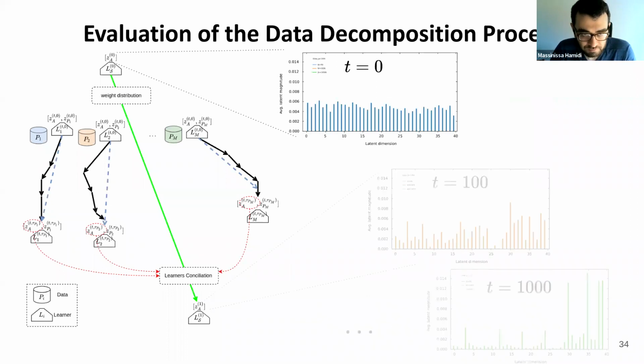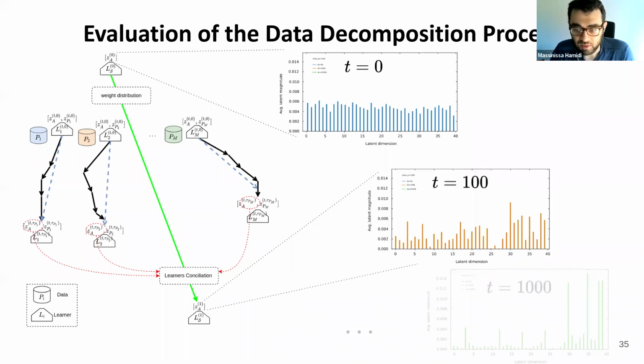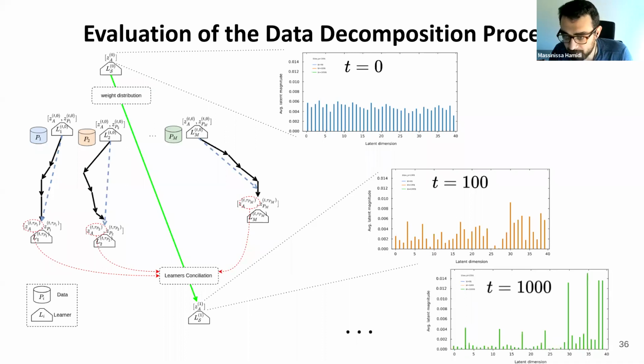We can see here the evolution of the components of the latent representation between one phase of conciliation and another, with each time the axes of the representation which are activated. Here at t equals 0, the latent dimensions are randomly sampled. Here at t equals 100 steps, and here t equals 1000 steps.